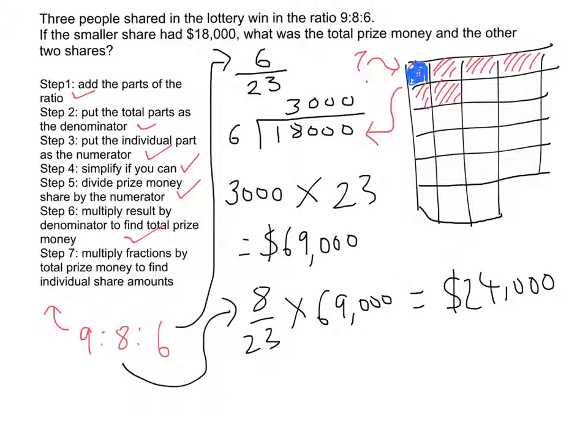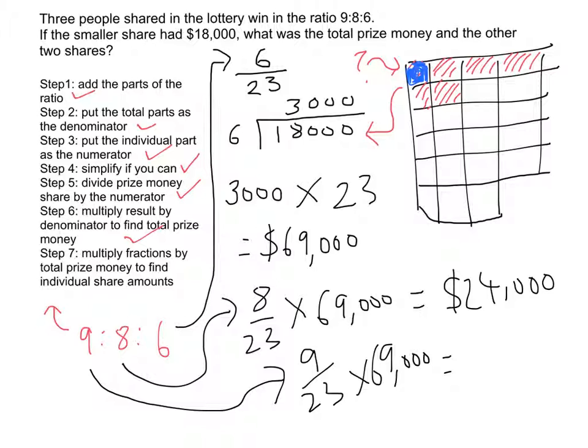And then we do the same for the other one. So we get 9 over 23 multiplied by 69,000, and we get 27,000. You can use a calculator, by the way, for this type of question. So there we have it. So let's tick the last step, we've done that.